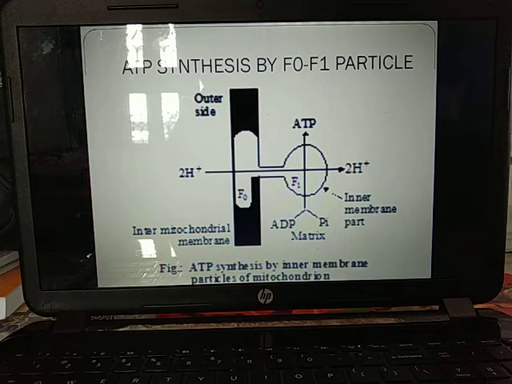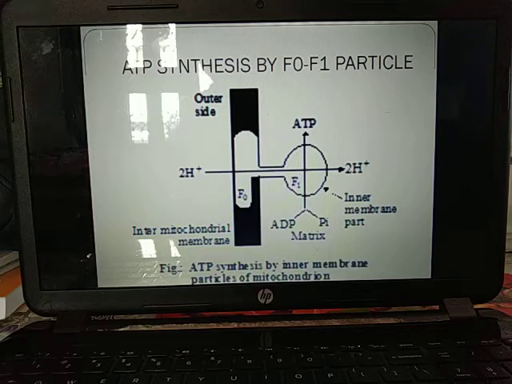ATP synthetase becomes active in ATP formation only where there is a proton gradient, having higher concentration of hydrogen ions or protons on the F0 side as compared to the F1 side. Now this is the chemiosmotic hypothesis of Peter Mitchell, which was given in 1961, and he won the Nobel Prize in 1978.